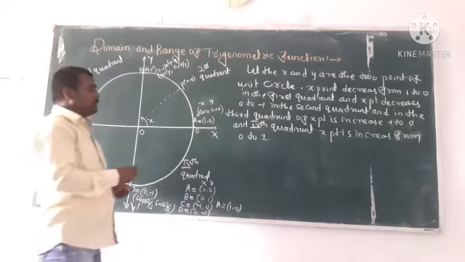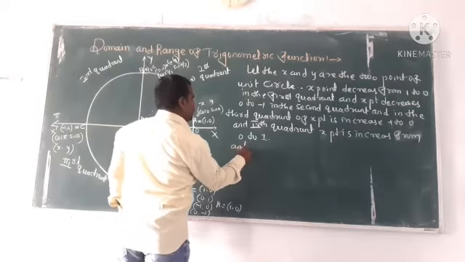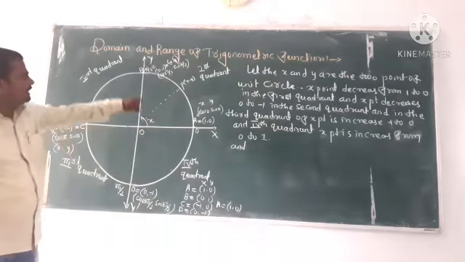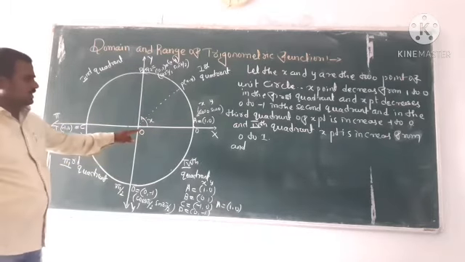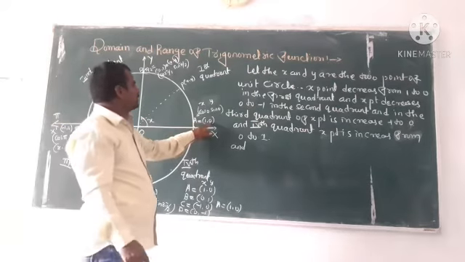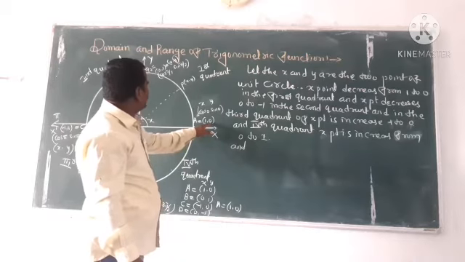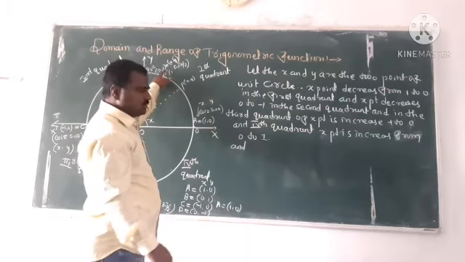And what about the y points? Observe keenly in the complete unit circle. In the first quadrant, y goes from 0 to 1, so it increases, right?